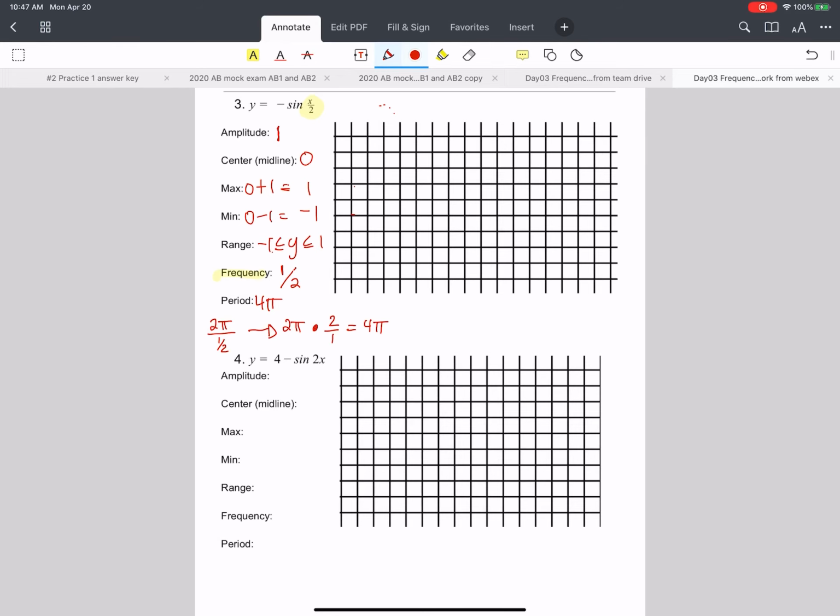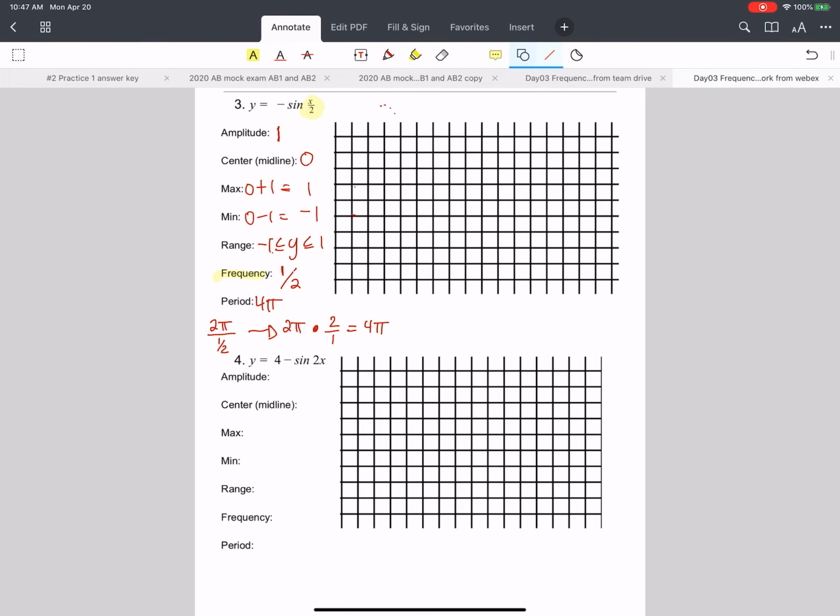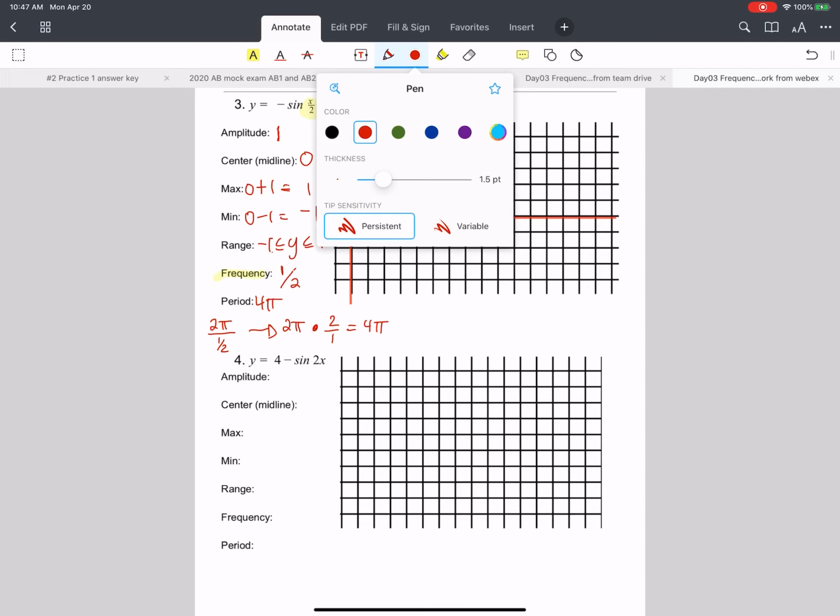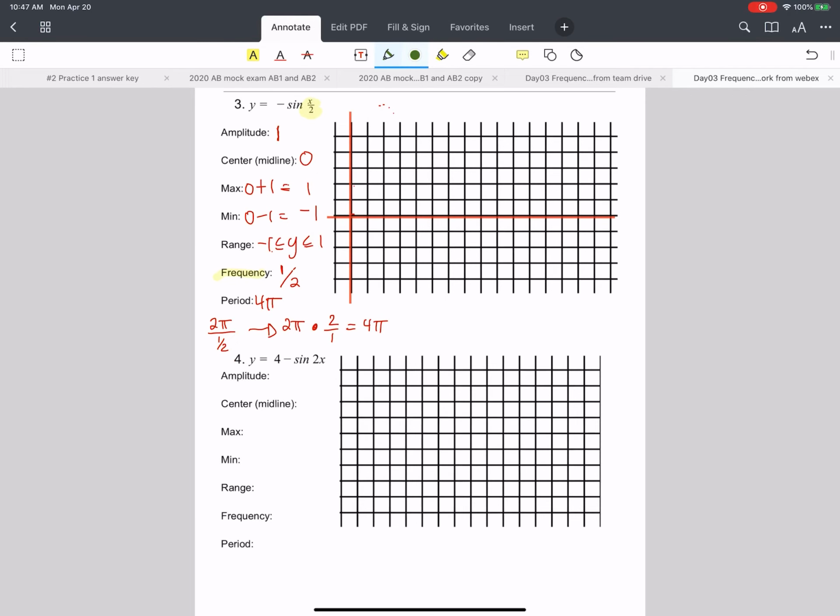So I'm going to graph this. I'm going to draw my little lines. Okay, I'm going to make room there. I don't really need to go that far. I don't need to draw my center. My max and my min are pretty straightforward. So my max is at 1, and this is at negative 1.